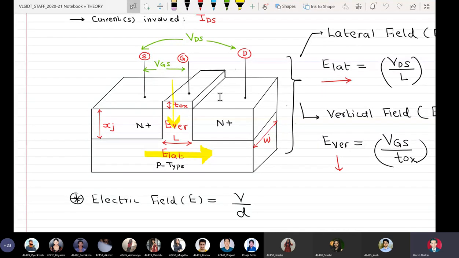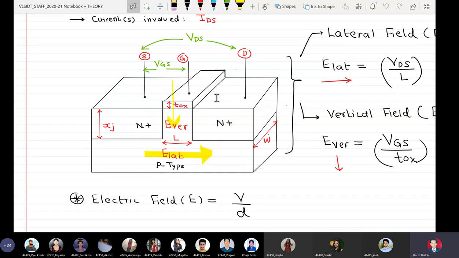We drew a 3D planar structure of N channel EMOS, and we told that it basically has three geometries: the channel length L, which is the distance or the separation between drain and source terminal. We have the width of the device W, we have the oxide thickness Tox, and we have the junction depth Xj.